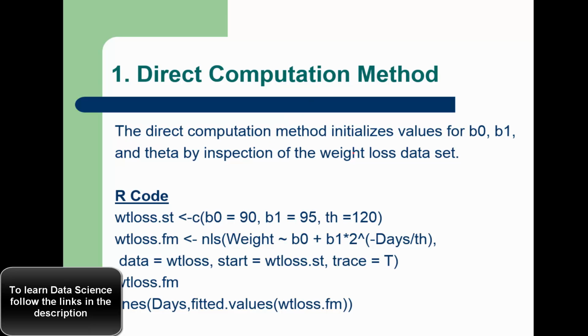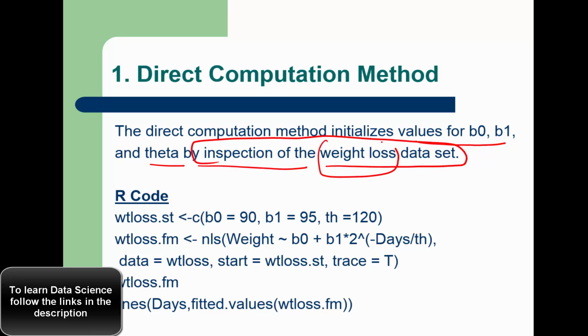In the direct computation method, we initialize the values of beta naught, beta 1 and theta by manually inspecting the weight loss data. Weight loss is the dependent variable. This is the R code that we have with us.